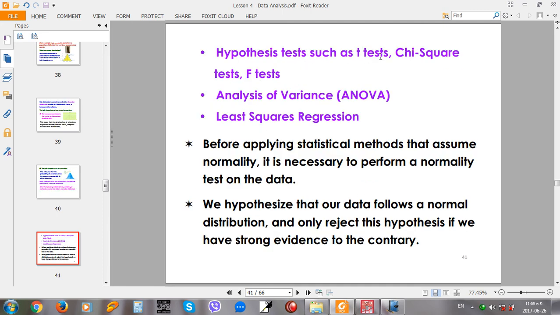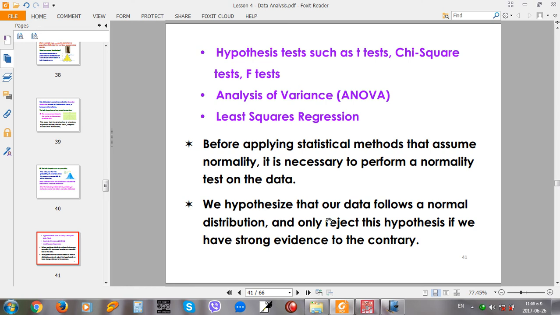Hypothesis tests such as the t-test, chi-square test, F-test, ANOVA (analysis of variance) and least squares regression need the data to be normally distributed, otherwise you can't apply those parametric tests. Before applying a statistical method that assumes normality, it is necessary to perform a normality test on the data. So first we have to test whether the data is normally distributed or not.